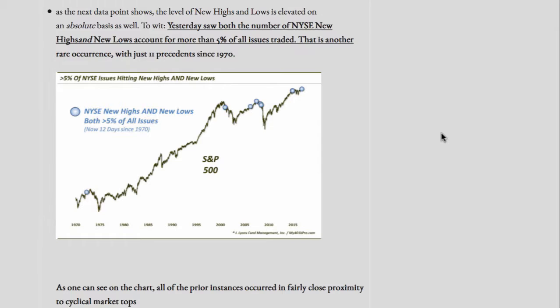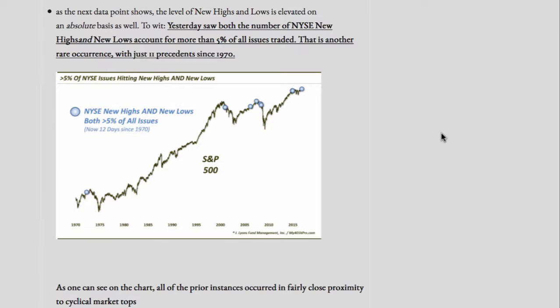As the next data point shows, the level of new highs and new lows is elevated on an absolute basis as well. To wit, yesterday saw both the number of NYSE new highs and new lows account for more than 5% of all issues traded. That is another rare occurrence, with just 11 precedents since 1970.